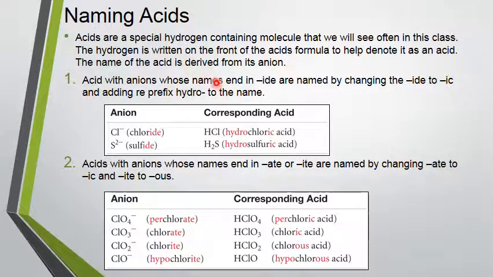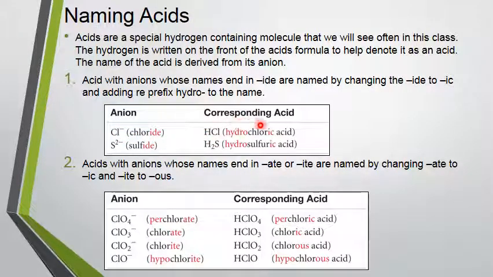So acids with anions whose names end in "ide" are named by changing the "ide" to "ic" and adding the prefix hydro to the name. So, for instance, if we have an acid, which is HCl, its anion is chlorine, which we call chloride.